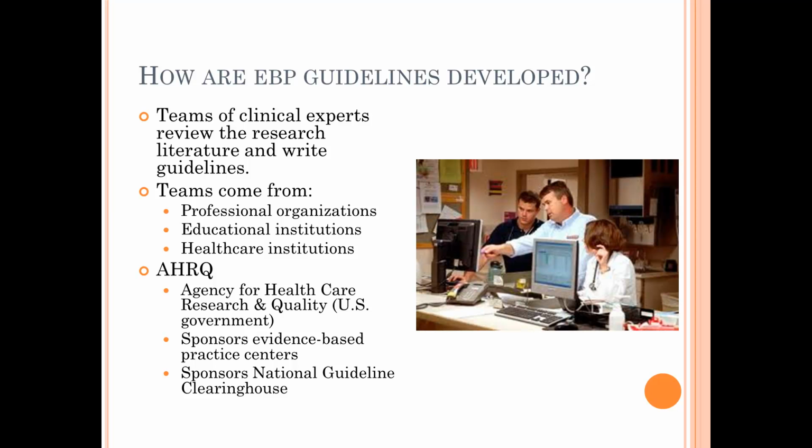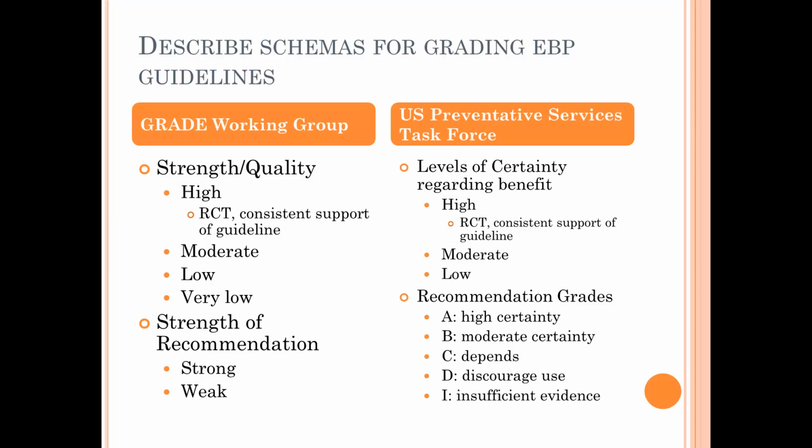Not everything that's evidence-based practice has to be that complicated. There are many, many evidence-based practice projects that happen just on a hospital floor. They're not going to be published widely, but they can still improve patient care. There are some different organizations, once again, that help sponsor that. The Agency for Healthcare Research and Quality is one of the biggest ones, but other organizations also help.